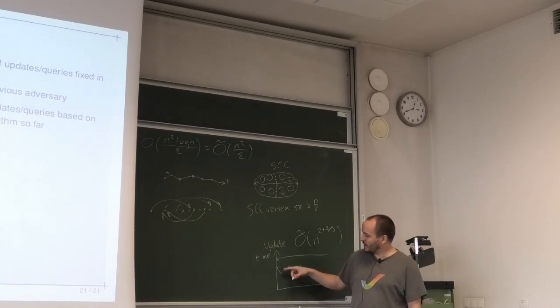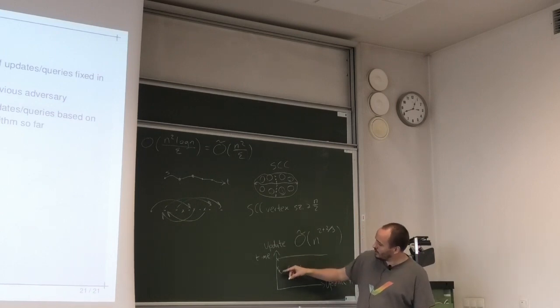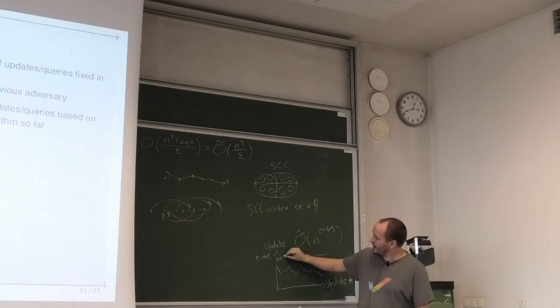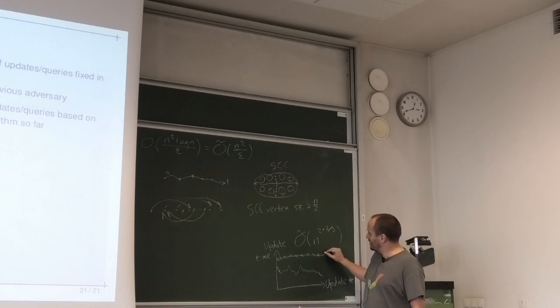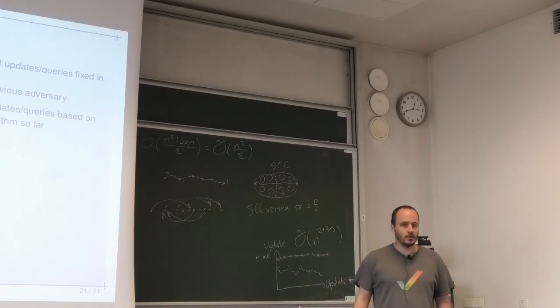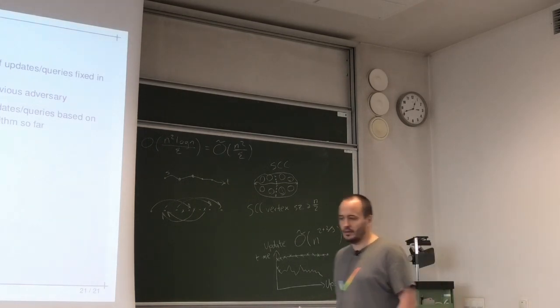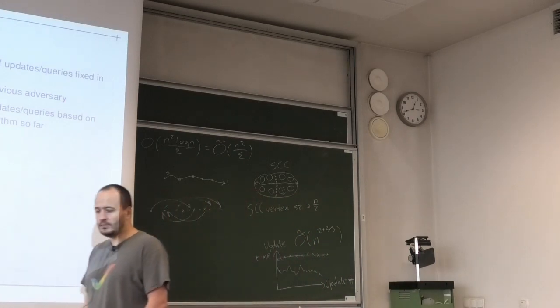Because the algorithm can also measure how much time it has spent so far, so it knows how long to wait. In the next update, maybe it was slightly faster, but then we just wait slightly longer, and now the time for each update will match exactly this upper bound curve. And then this information is hidden as well.